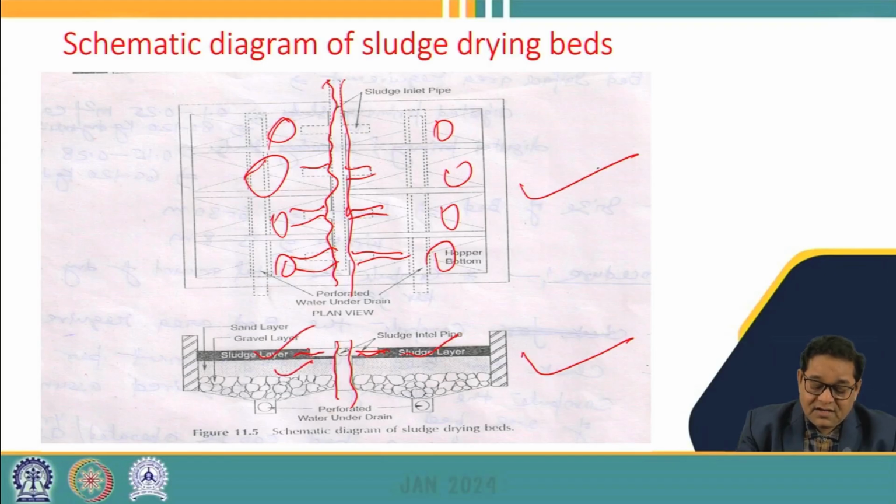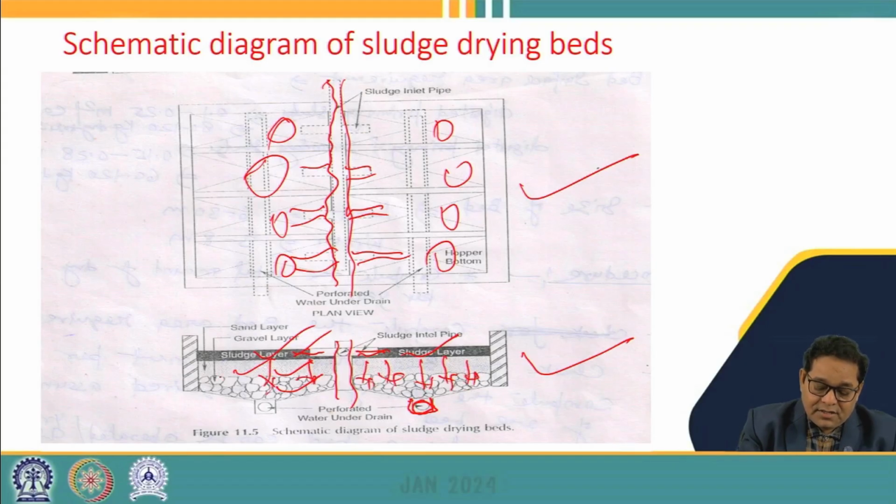Below this there is a layer of sand, around 20 to 30 centimeter, below which there is a gravel layer provided to support this layer of sand and the sludge layer. And at the bottom there is an underdrainage system which is provided to collect the filtered water through the entire cross sectional area.